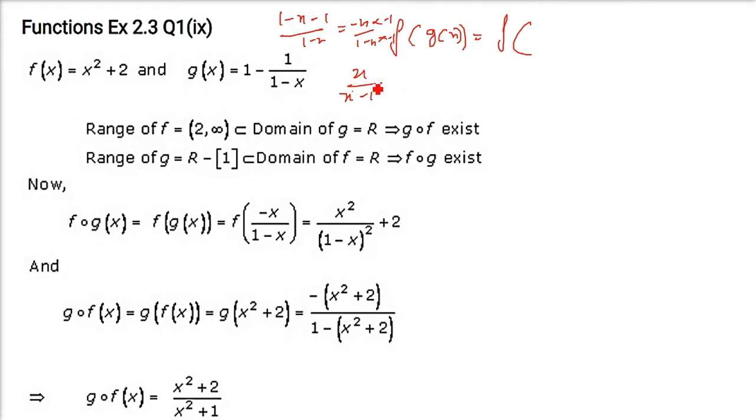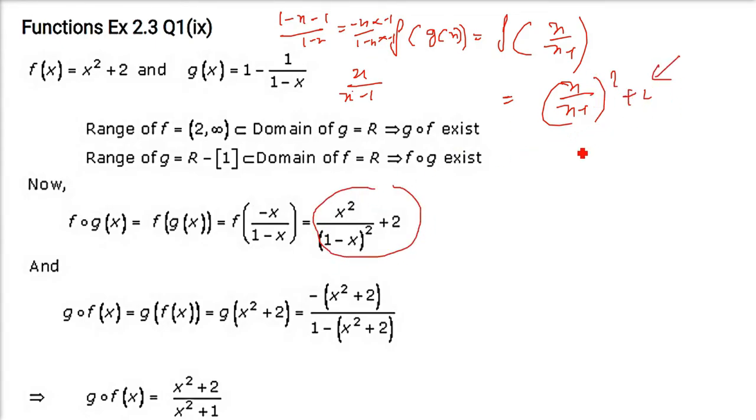So x by x minus 1 it will be. You have to put it inside f(x). So x by x minus 1 whole square plus 2, and you'll be able to solve it. You can keep it like that only. So this is x square by (x minus 1) whole square, or (1 minus x) whole square, whichever you want, plus 2.